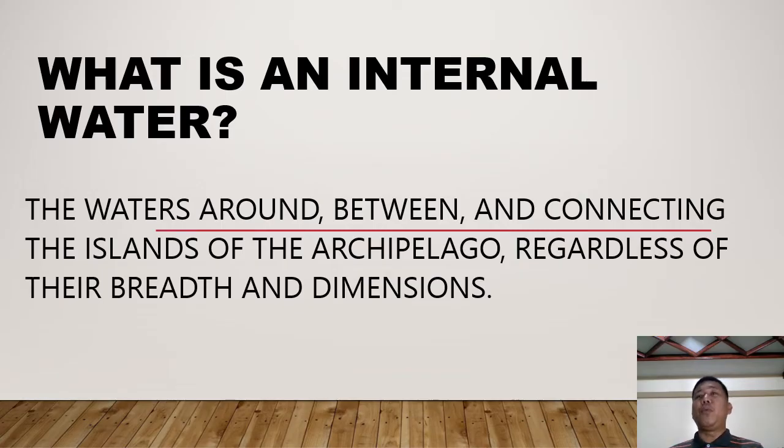We are just one landmass because of the archipelago doctrine. The waters around, between, and connecting the islands are considered as one solid ground, including the land territory of the Republic of the Philippines.